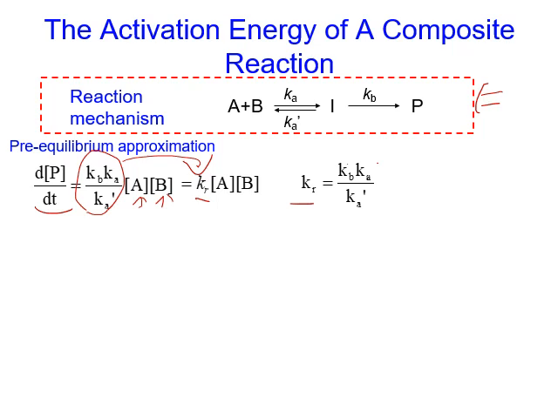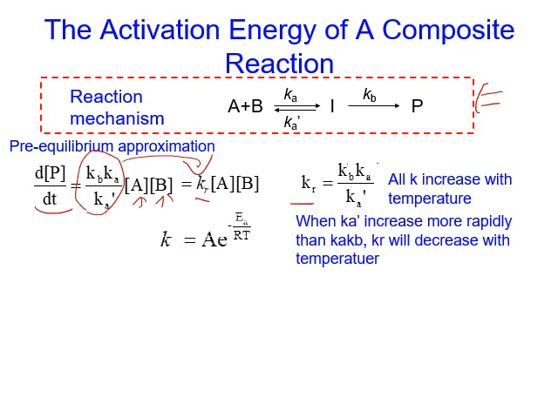Now each of these small rate constants obeys the Arrhenius equation, and that is A times e to the negative Ea over RT. So for Ka, for example, which is the first forward reaction, it has its own activation energy, so it should be Ea, and you have your own A1.